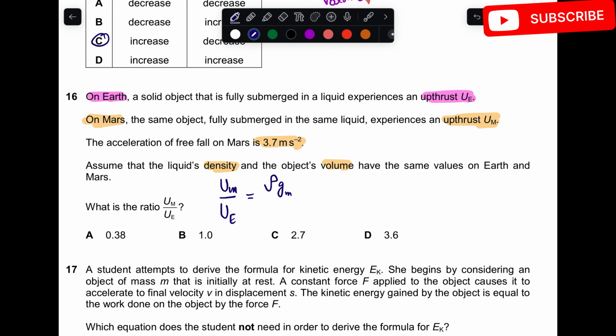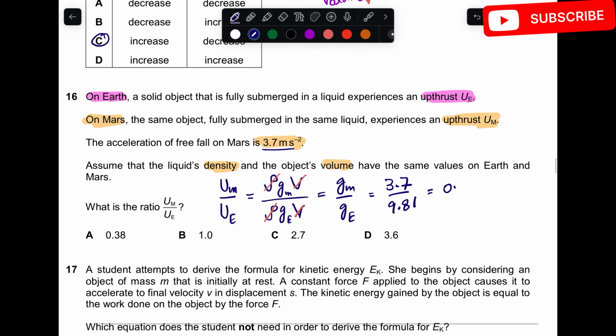As it is on Mars, I can write gM, and the volume is the same. For Earth, the density is the same, g of Earth is 9.8, and V. The density and the volume will cancel out, and you will get gM over gE. gM is given, that is 3.7, and g is 9.81. When you divide both of them, you will get 0.38. That is option A.